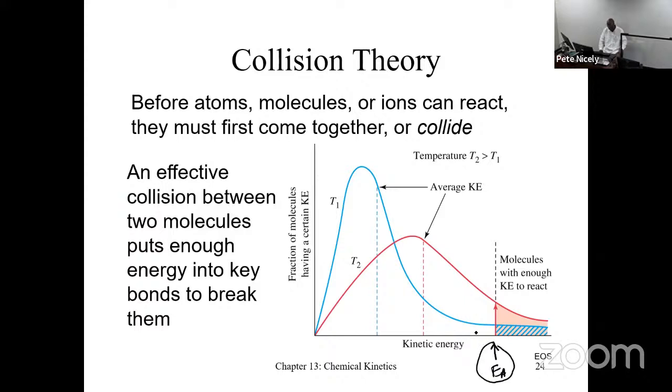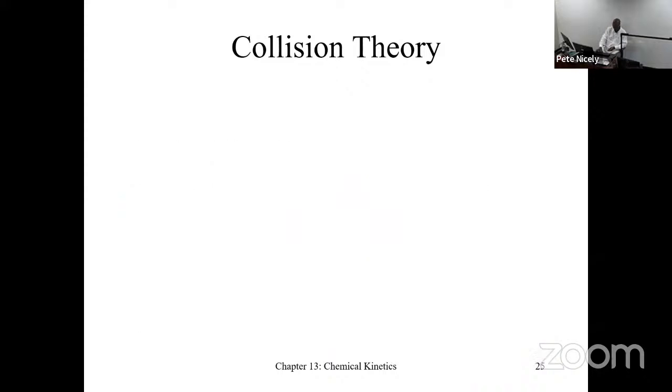At a higher temperature, the number of molecules that would have that energy is under the area here, where the pink line is. So what this tells us is that as the temperature increases, more molecules will have at least the activation energy, and therefore the reaction rate will be faster. And there's actually an equation that establishes the relationship between the rate constant of the reaction and the activation energy.